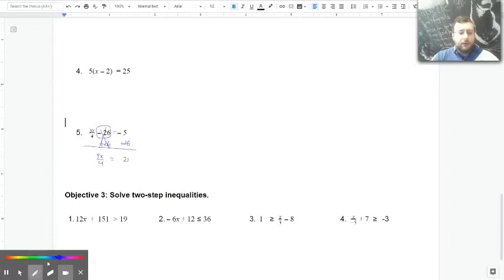Now, again, there's 2 ways you can get rid of this. You can divide both sides by 3 first to get rid of the 3 that's on the top, and then multiply both sides by 4 to get rid of the 4 that's on the bottom. Or, like I said, you can do both steps at once by multiplying by the inverse fraction of that 3/4, which is 4/3. But you got to do that to both sides of the expression.